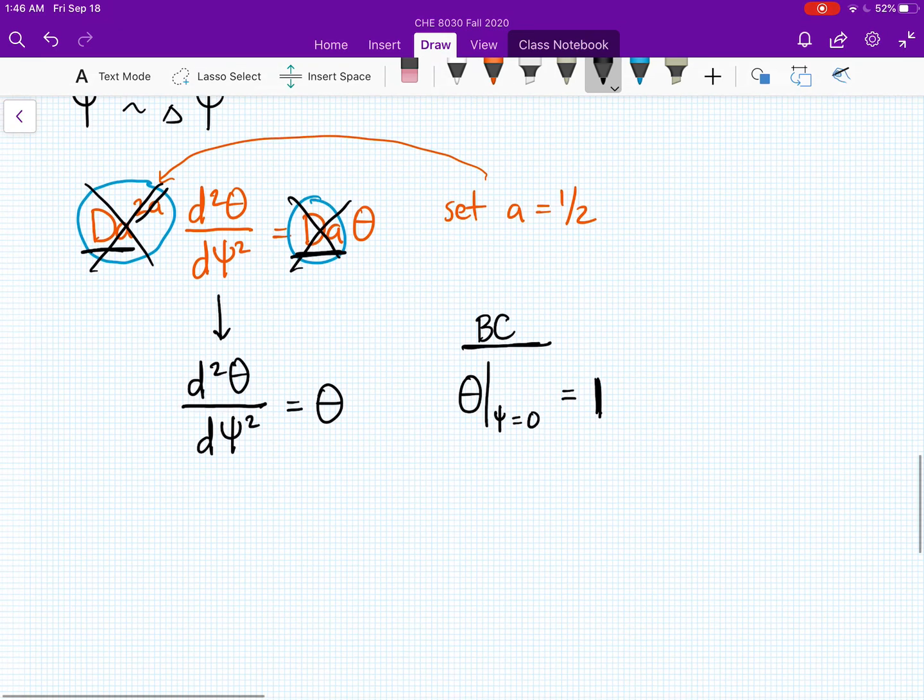My other, no flux boundary condition now looks like d theta d psi.